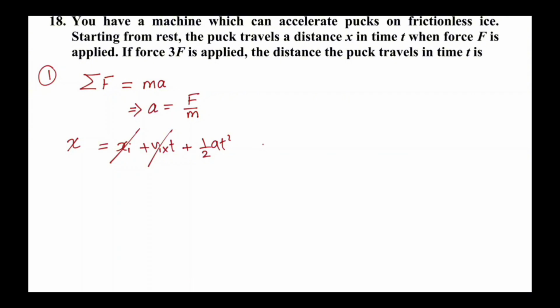So x equals half a t squared, so x equals half, and a equals F over m, times t squared. So this is the situation before tripling the force F.